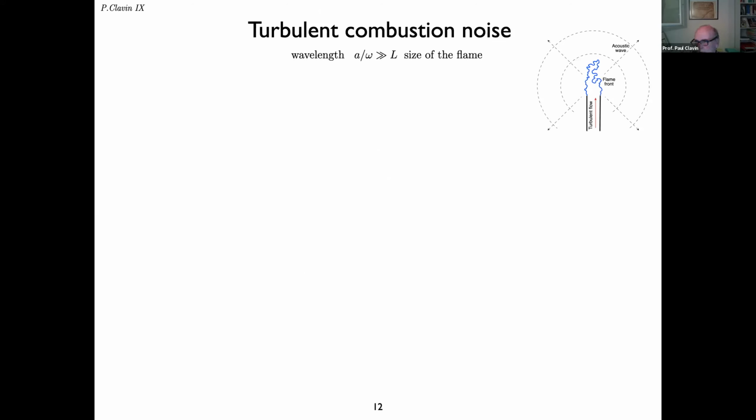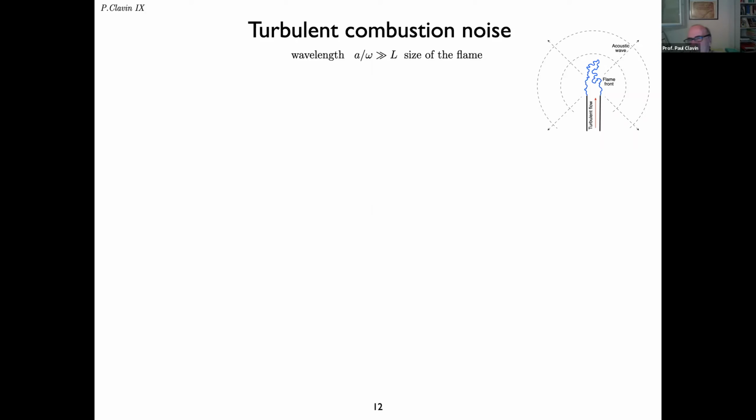Let me consider now the following problem. You have a turbulent torch, which is a flame attached to the rim of a tube, and assume that the flow in the tube is turbulent. Therefore, this flame is turbulent.